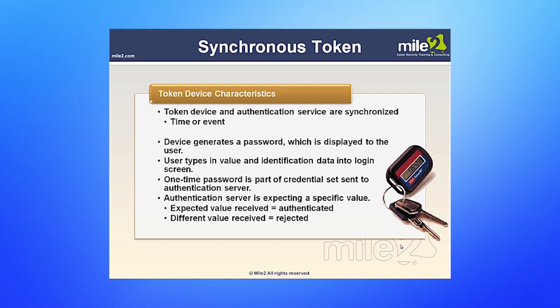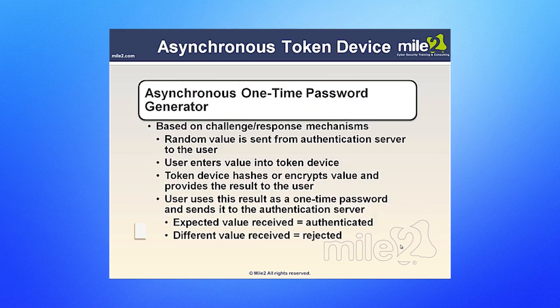And with this device, as you can see, we'll actually display most likely a number, some sort of password on the device. And then the user types in the value and identification information relating to them, and it's part of their login. If it matches, it's accepted, otherwise it's not. But essentially, when you say synchronous, you could just simply think time. It synchronizes with something such as time.